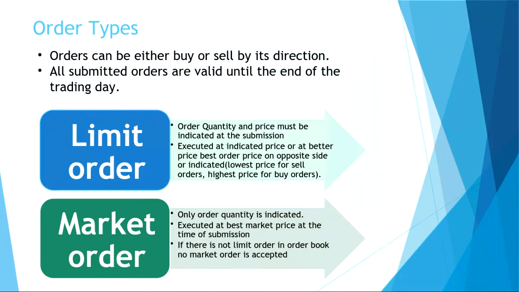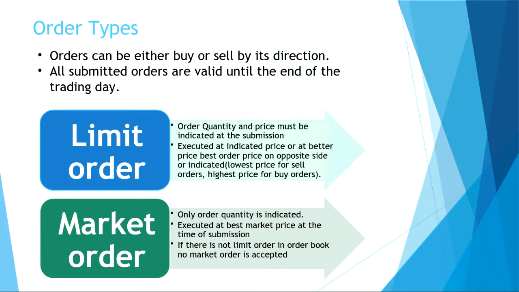Okay, we have two types of orders, limit order and the market order. The difference is in limit order, the quantity and the price must be indicated at the submission. Let's assume that you would like to buy, let's say, a Turkish Airlines stock, right? At the very beginning, assume that I don't know the price level of Turkish Airlines right now, but assume that it's traded at, let's say, 10 Turkish lira for one stock.